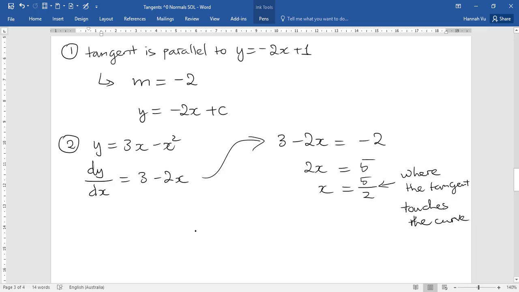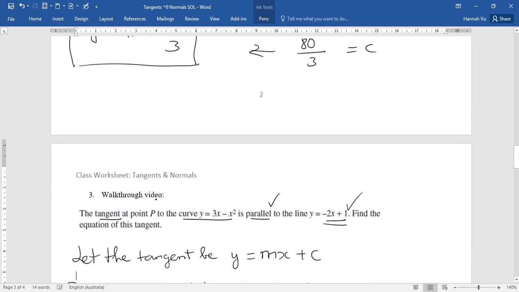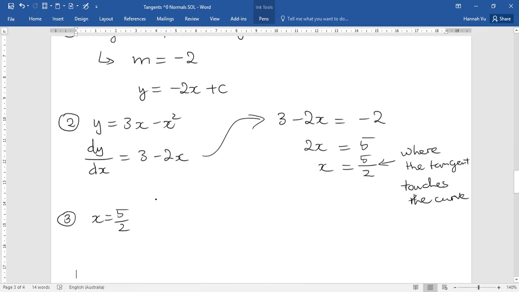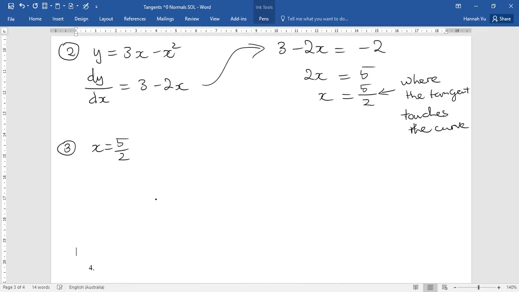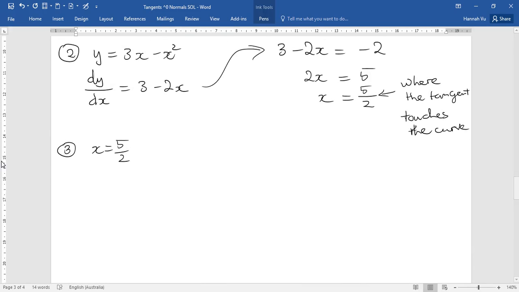I don't think my setting out of the working is making a lot of sense, but anyway, now that I have found the x value at which the tangent touches the curve, I'm going to find the y value. So when x equals 5 over 2, you substitute this into the equation of the curve, 3x minus x squared.